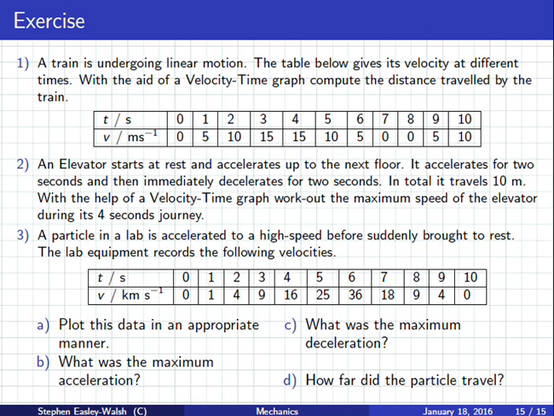So I'll just call this T and I'll just call this V. So here's his graph. He's walking at 10 meters per second for T seconds. Now, if I was to calculate the area here, what unit would that be? The unit for area is the dimension for V multiplied by the dimension for T. What's the dimension for V?